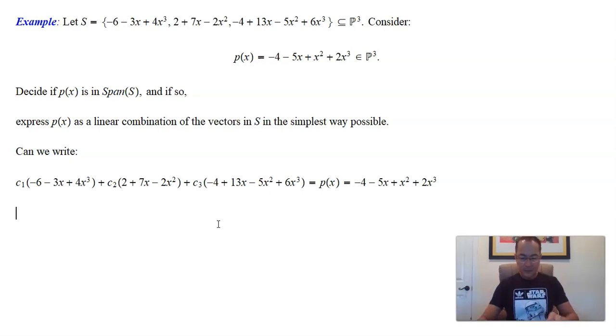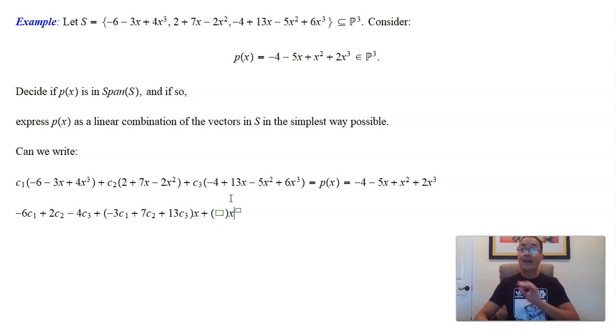Okay, so here's what I'm going to do. Let me focus on the constant terms first. So we get minus 6C1 plus 2C2 minus 4C3 right there. Now let's focus on the terms with x in it. So we have minus 3C1 plus 7C2 plus 13C3. See what's happening? Next, I should put an x over here.